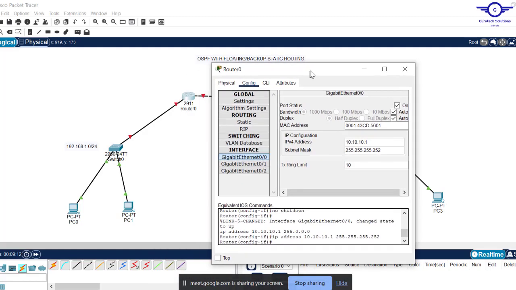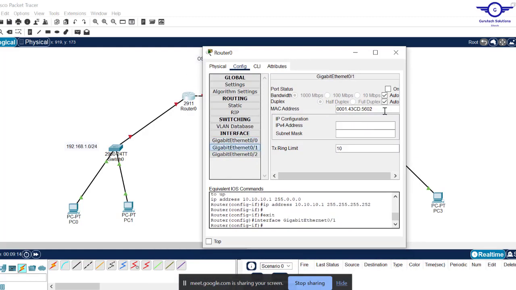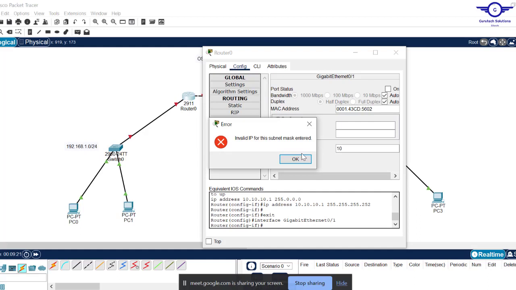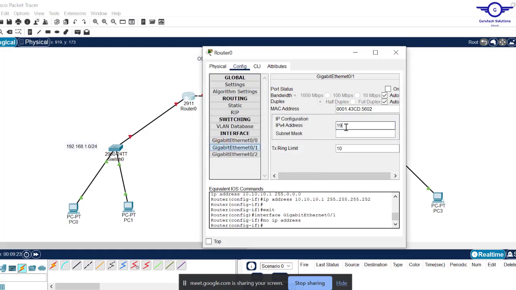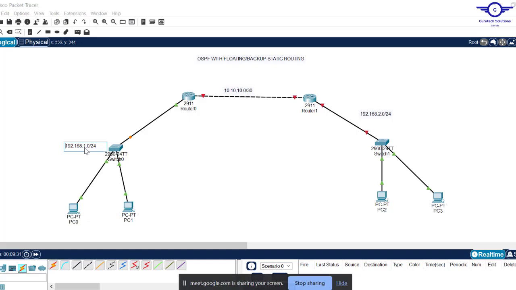Then if I go to the other one, this one is now 192.168.1.1. Okay, so I configure this also.